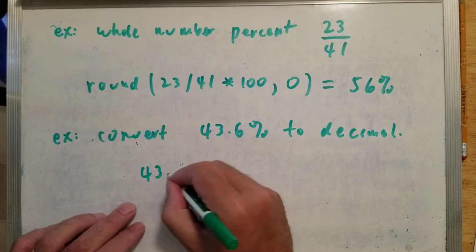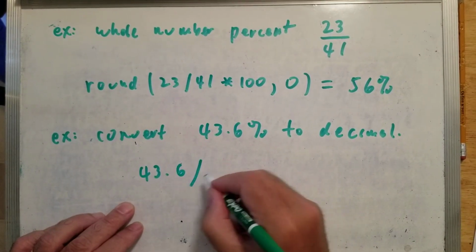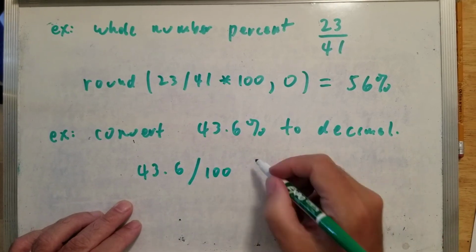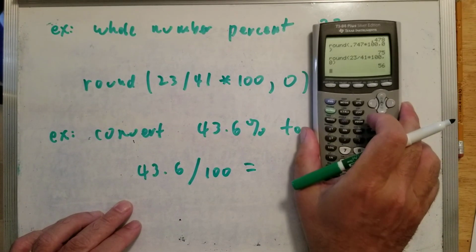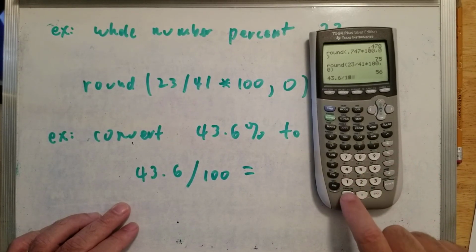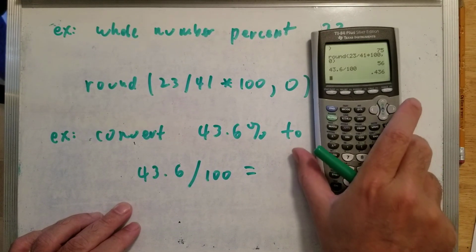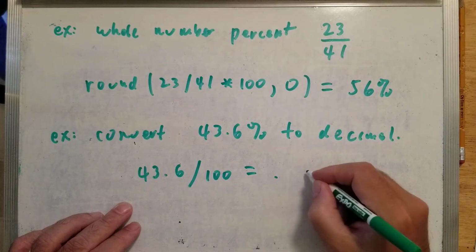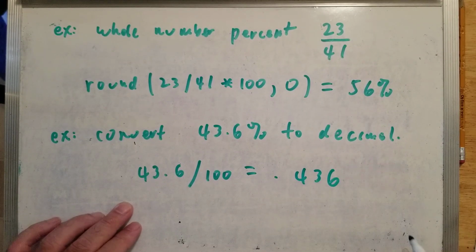So on the calculator, 43.6 divided by 100 equals 0.436, and that is 43.6% written as a decimal.